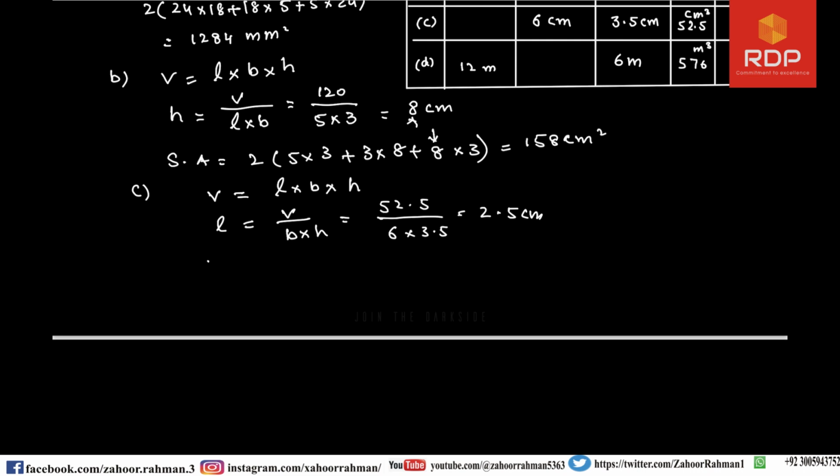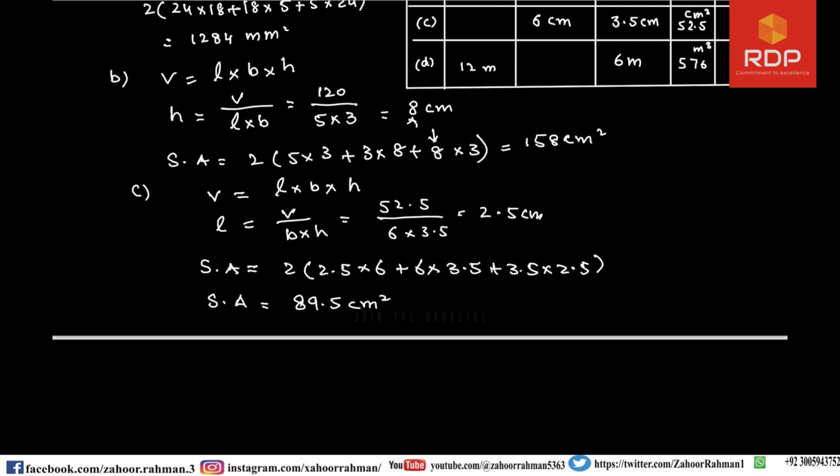So that is the length, and similarly surface area will be equal to 2 into 2.5 multiplied by 6 plus 6 multiplied by 3.5 plus, not multiply, plus 3.5 into 2.5, and that will be equal to 89.5 centimeter square.